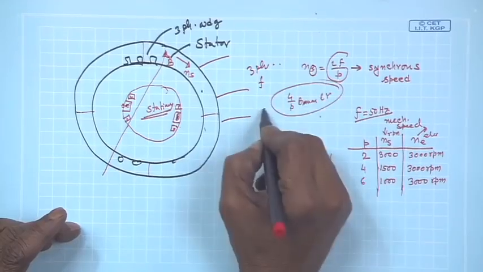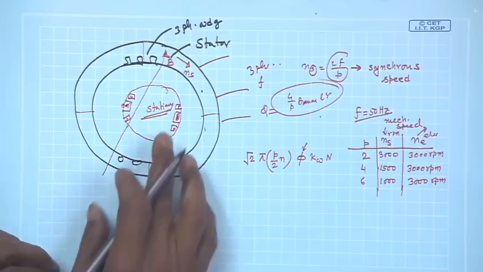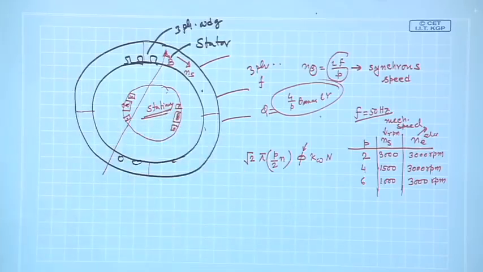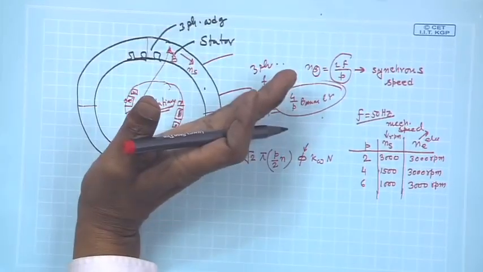That is how it is to be calculated, the flux per pole produced by the stator, and this coil is open circuited. I want to know what is the induced voltage generated. There is induced voltage across any coil if it has a relative velocity with respect to some field, and here this coil is stationary, this fellow is moving.